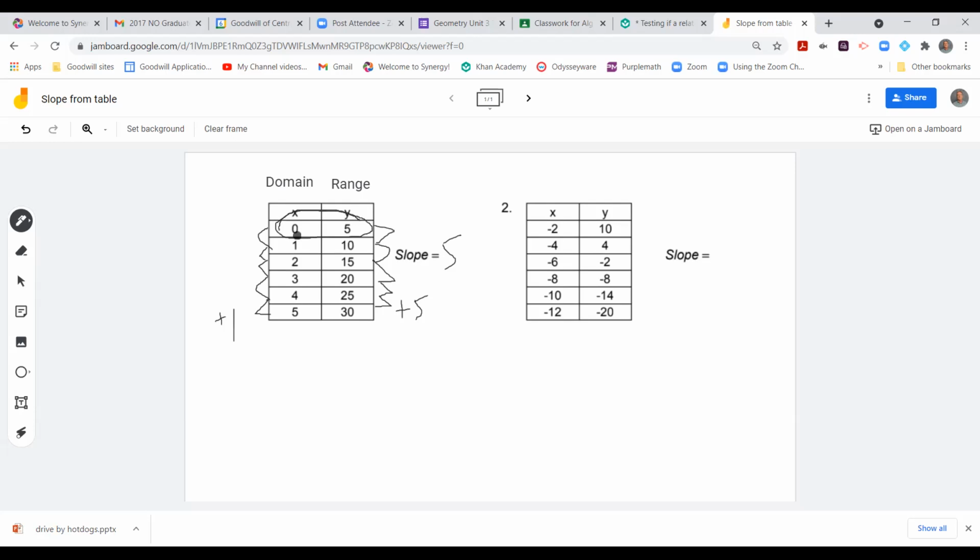The thing I was hoping somebody would see was this first order pair, 0, 5. Because in our graphing, that combination is extremely important. Because what do we have when x equals 0? It's the y-intercept.